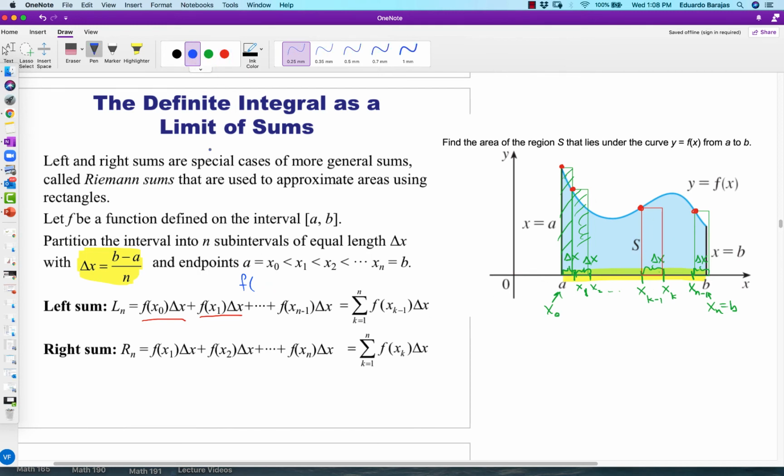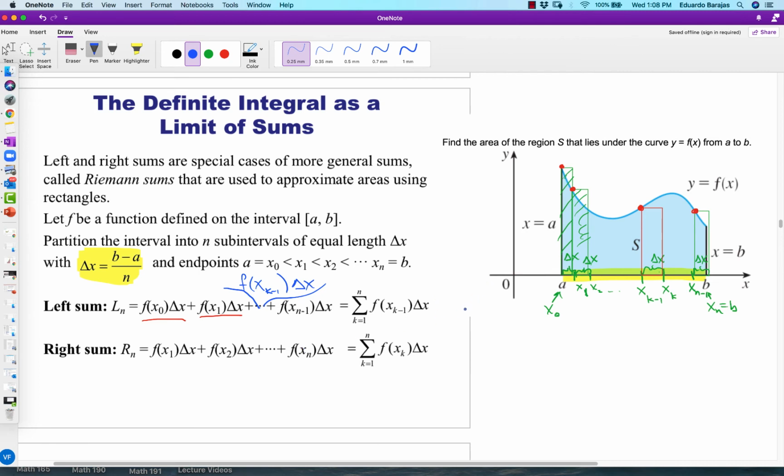So somewhere in the middle here, x sub k minus 1 is what tells me the height of that middle rectangle, and they all have a width of delta x. So we can stick that in the middle of that formula, all the way out to the last one. And we can use this Riemann notation to express this exact same thing.